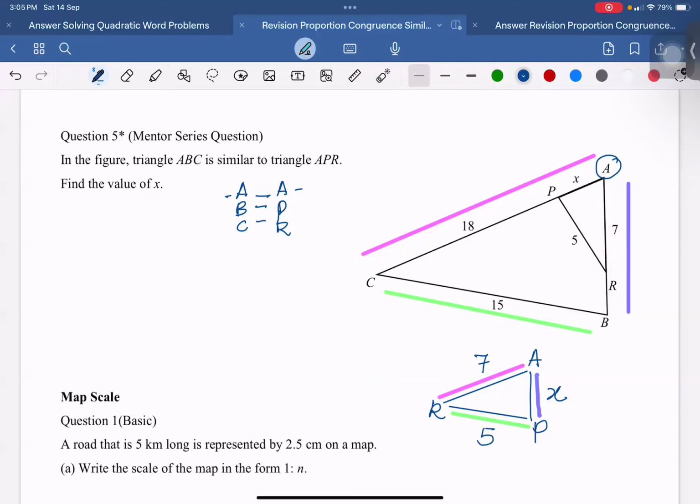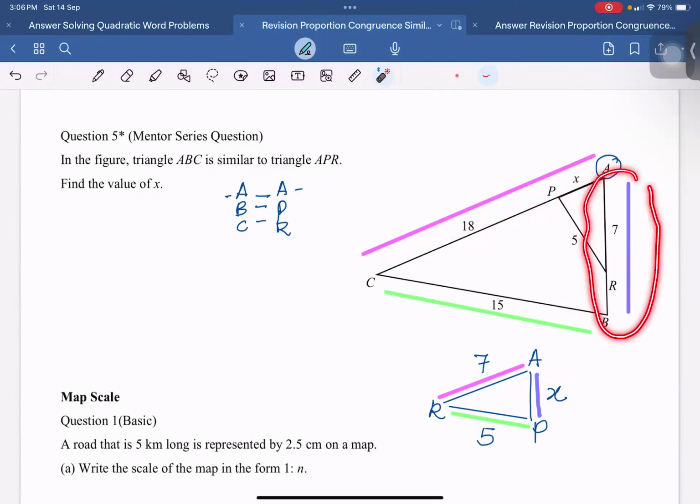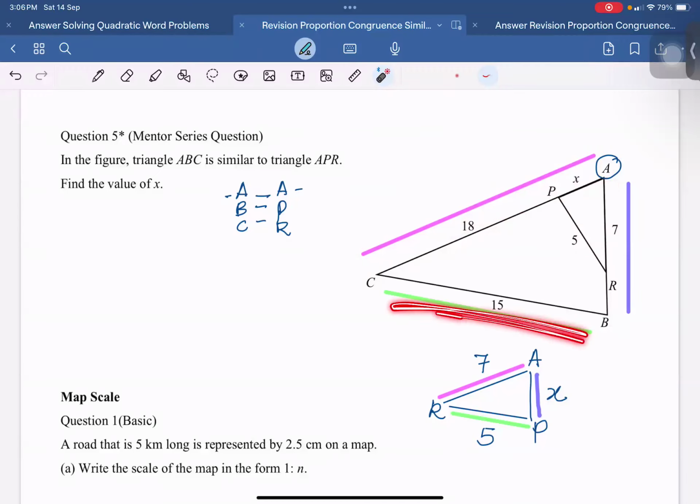So when the question asks me to find the value for X, first we find a scale factor or a pair of ratio of sides. The pink side has X inside. Next we have AB, but I don't know AB, I only know AR is 7. Last but not least, I know PR and CR, so I know the green color pair.